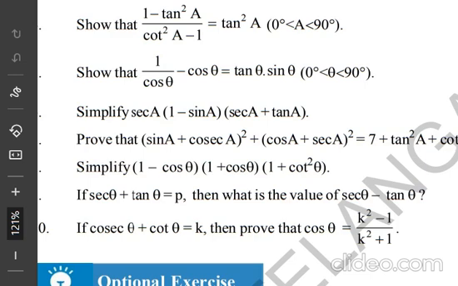But secant theta plus tan theta is given as P, right? So secant theta minus tan theta into P is equal to 1, which implies secant theta minus tan theta is equal to 1 by P, right? Simple question.